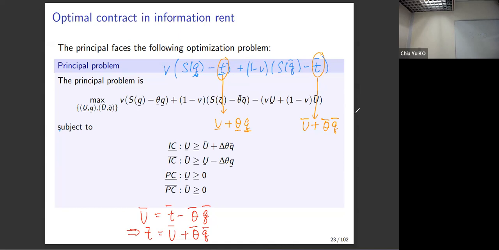Basically, what the principal is doing is maximizing expected social surplus minus expected information rent of the agent, right? That's very simple. It's what the society gets. This is what the agent gets. The difference is the principal's, because in this world it's either the principal or the agent.